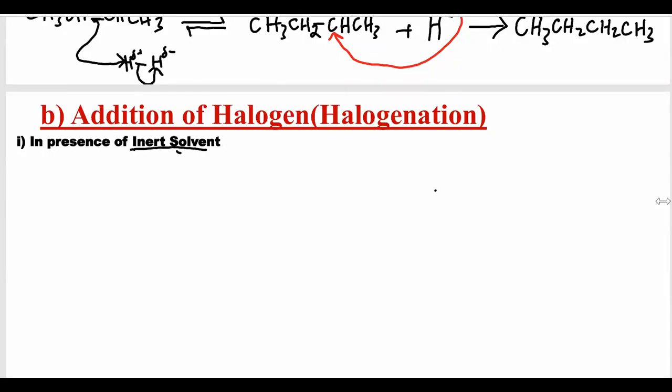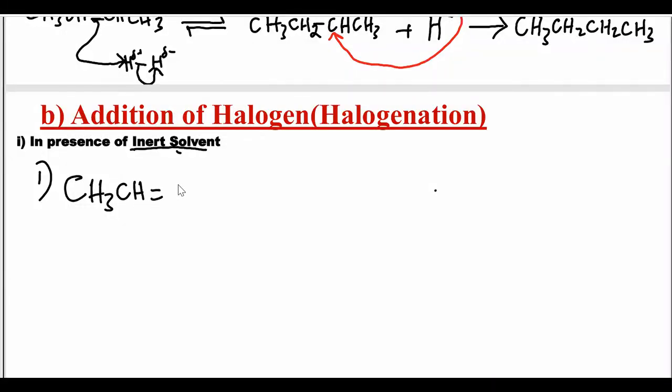Okay, so when alkenes at room temperature are treated with halogens, that is chlorine or bromine, in an inert solvent, for example carbon tetrachloride. Okay, I'm going to put an example. Which halogen can we use?